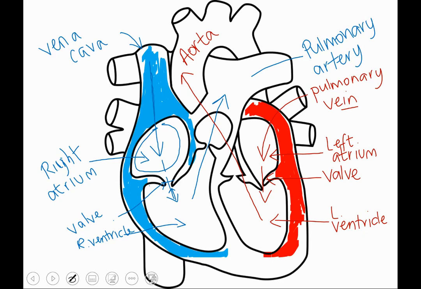Now, the aorta actually splits off into several other vessels that go to different places. So part of the aorta splits off to form your coronary arteries, and they are the arteries that supply your heart muscle, the outside of the muscle here, so that it can contract.